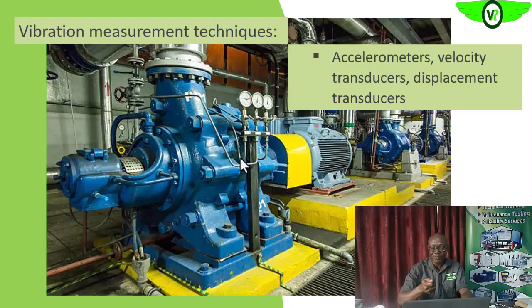Then on the analyzers, the velocity transducers, like we said earlier, are good for gathering information about low frequency events. There are some fault conditions that happen in the low frequency range of the spectrum.